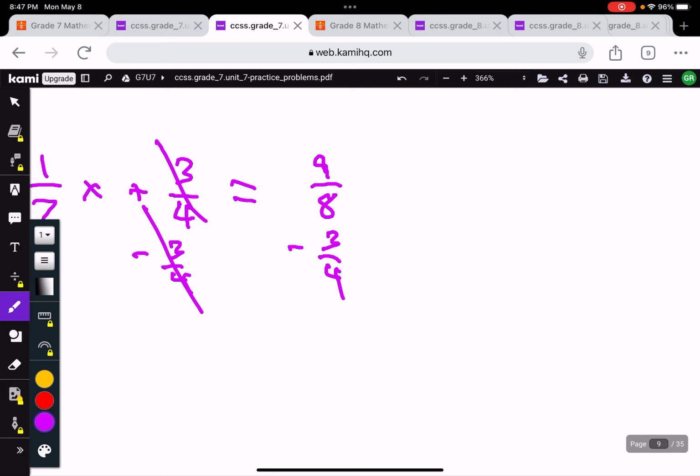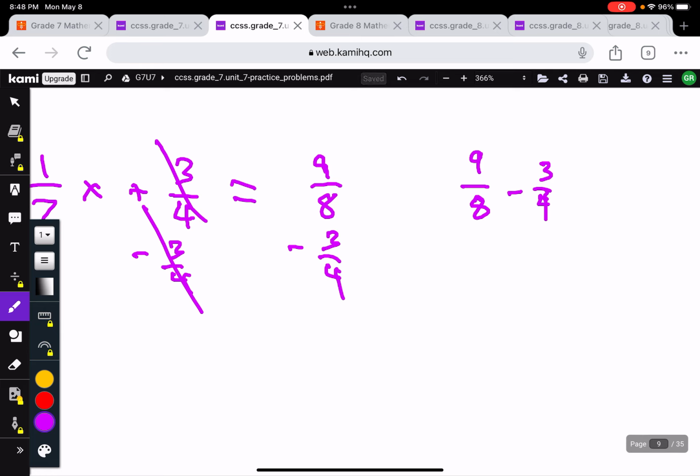They're gone. Remember, if this was a balanced hanger, as long as it balances, I can take the same thing off of each side. So I got 9/8 minus 3/4. Well, I have to come up with a common denominator, the lowest common multiple of 8 and 4.